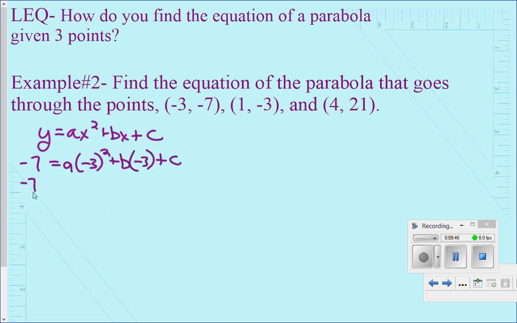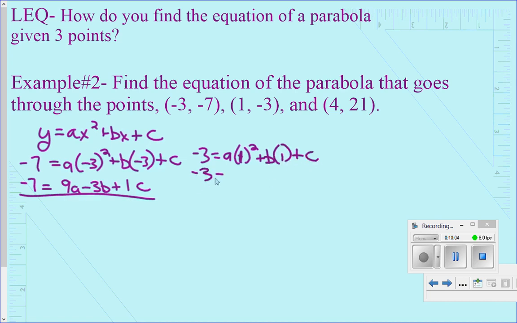Simplifying. Second equation. It's a positive one. And third equation.